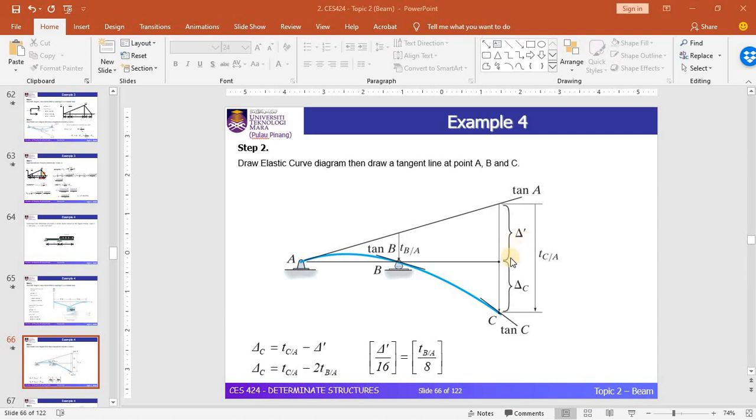Basically you can get this particular delta prime value by considering the ratio between two triangles. The first triangle is based on this line. This vertical line is the base of the big triangle, which is the total span of the beam, and this is the diagonal for the big triangle.